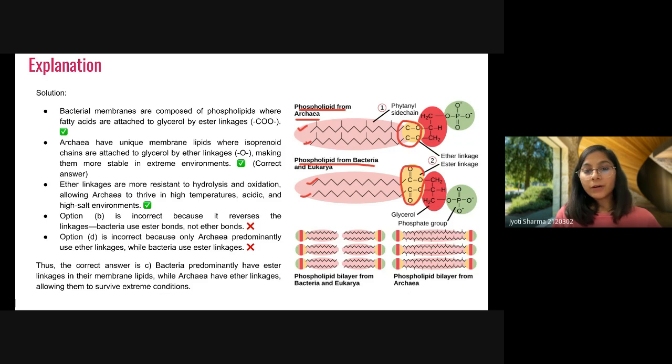For the archaea we have the ether linkage, and for the bacteria we have the ester linkages. That's how we can differentiate between the cell membrane of bacteria and archaea. If we have the ether, then this is archaea. If we have the ester linkages, then we will say that this cell membrane is from bacteria. Okay.